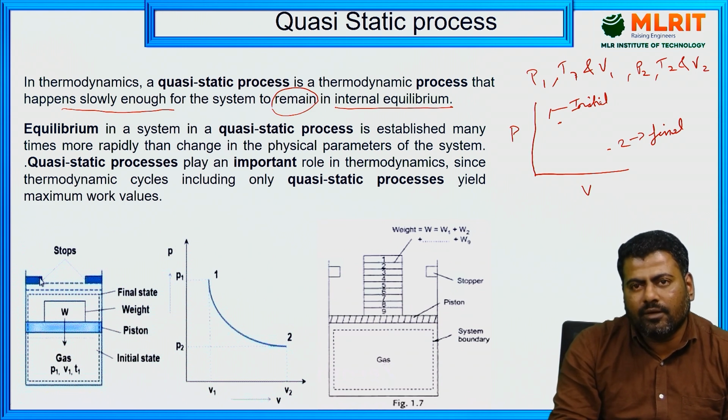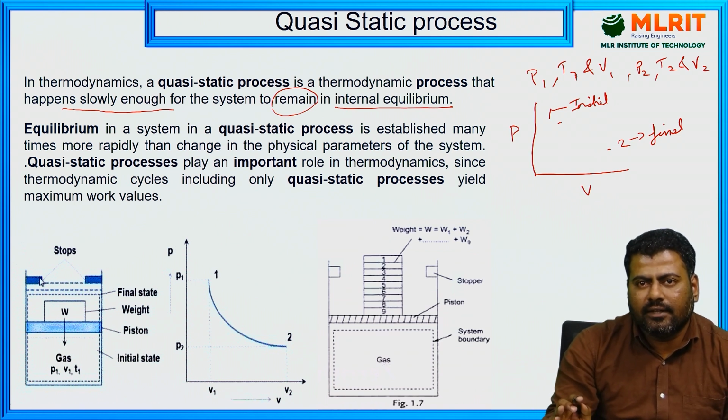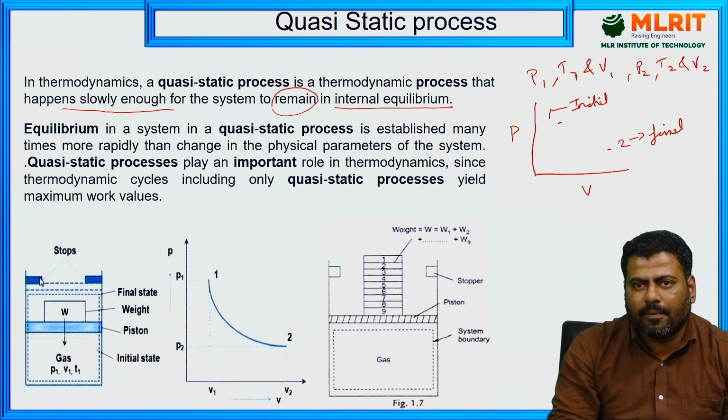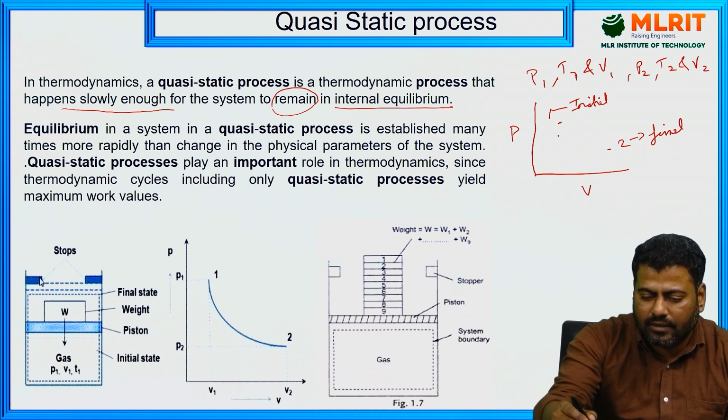This internal equilibrium is nothing but the intermediate states between points 1 and 2, between the initial and final states. For a while, let's consider a point A that is very near to point 1, with PA, TA and VA.